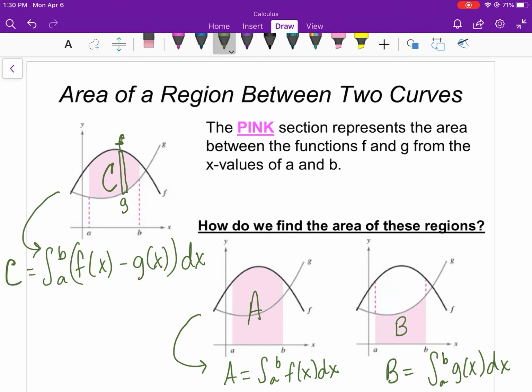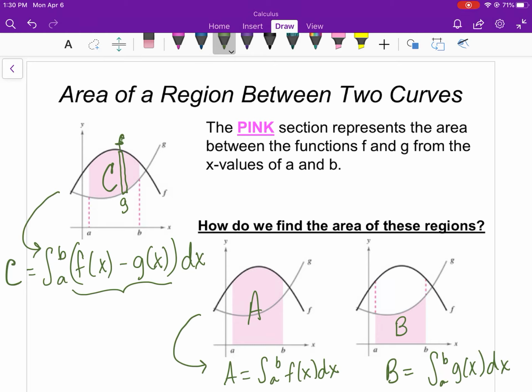So we're going to take the top minus the bottom, which is this right here. Again, that is the height of your rectangle. It's always going to be top minus bottom, or if it's a horizontal rectangle, it's going to be right minus left. So top minus bottom, and then dx represents the width of that rectangle.